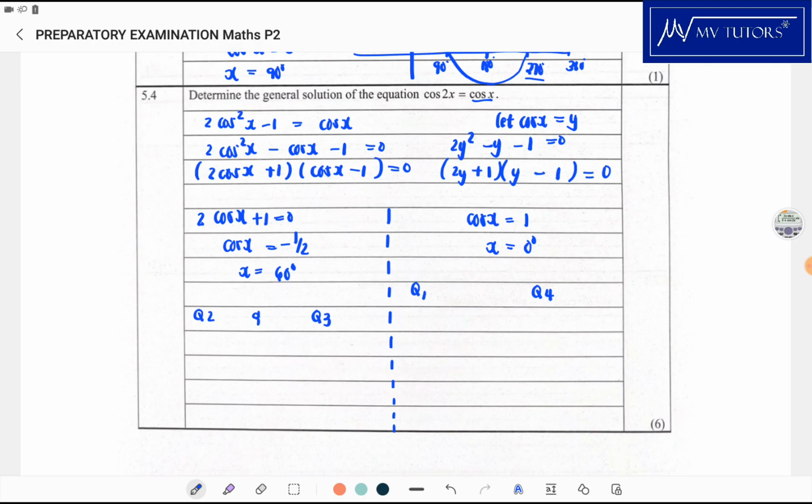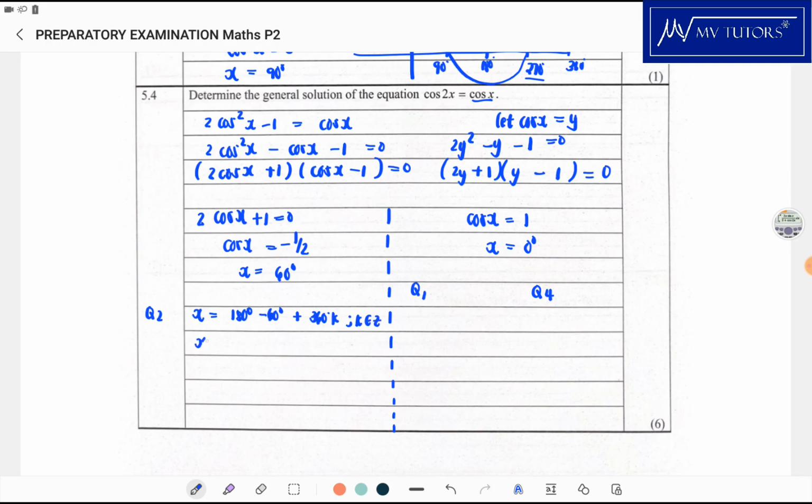Alrighty, so now let's get to working. I don't know how everything is going to fit in, but for quadrant 2, we know that x is equal to 180 minus the reference angle plus 360 times k, where k is an element of integers.